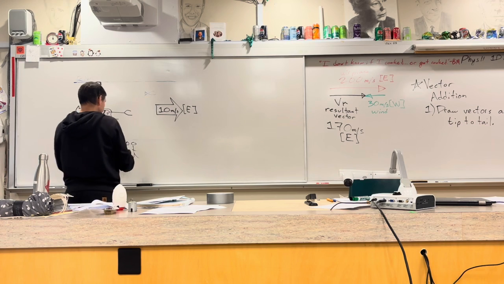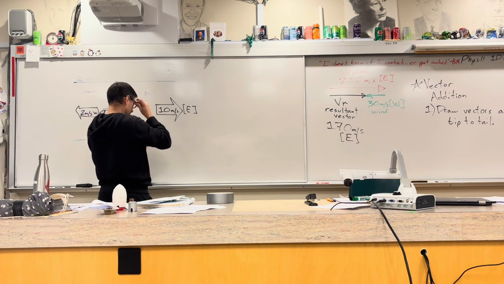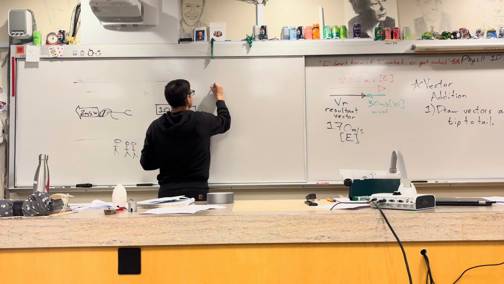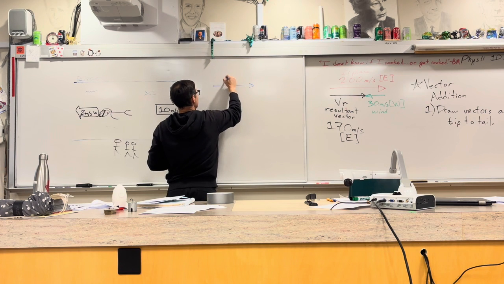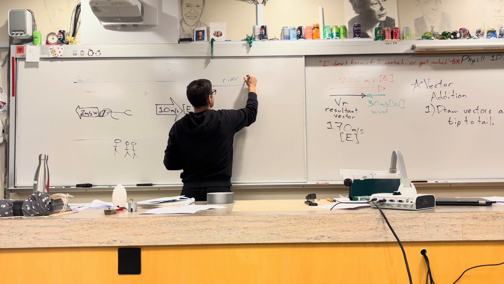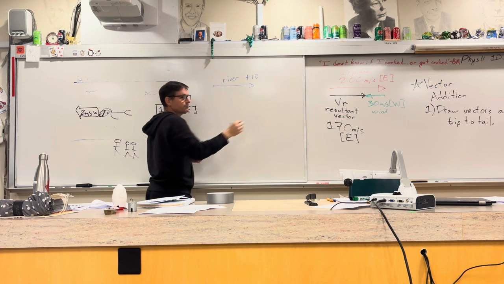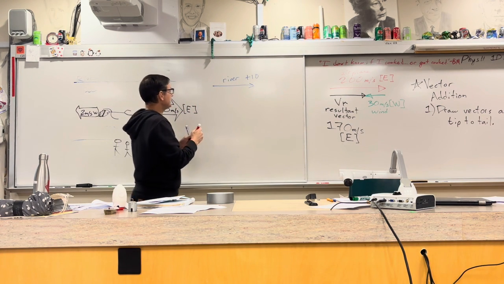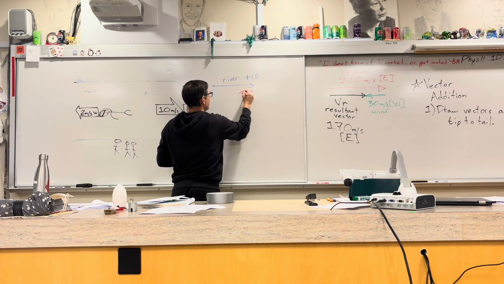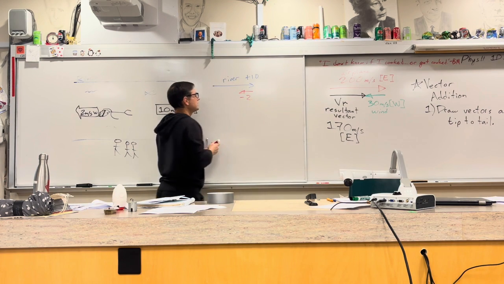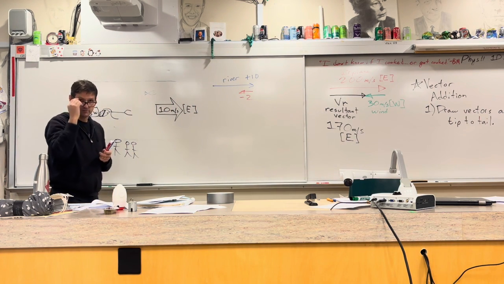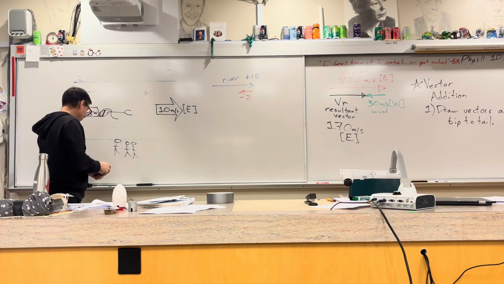So if it's like this, you have the river. And let's say the river is plus 10. Let's say this way is plus. And he swims at -2, let's say. What's my resultant vector? 8. Positive or negative?